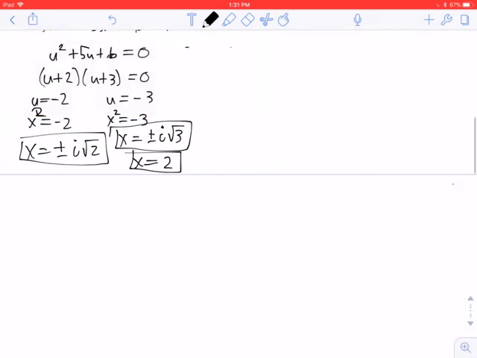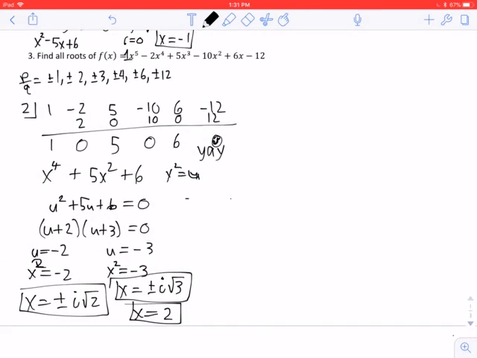So notice that there was no way to do this problem without first testing out rational roots because it wasn't factorable at the beginning. So the only way to solve this problem algebraically was this guess and check method. But it's a lot better. So the rational root theorem allows us to narrow down our guess and check instead of just blindly going 1, 2, 3, 4, 5, 6 until we find something that works.